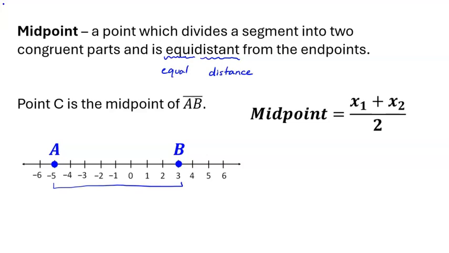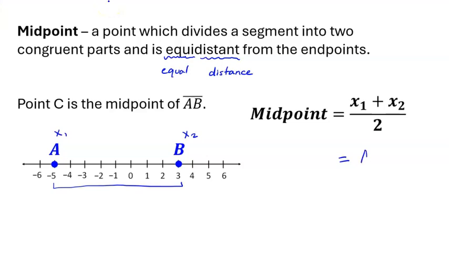X1 is going to be my first point, so that's going to be A. X2 is going to be my second point. When it comes to midpoint, it doesn't matter which one you put as X1 and X2. If you're taking the average of 2 test scores, it doesn't matter if you're taking the average of 70% and a 90% or 90 and 70. So those two are interchangeable for the midpoint formula.